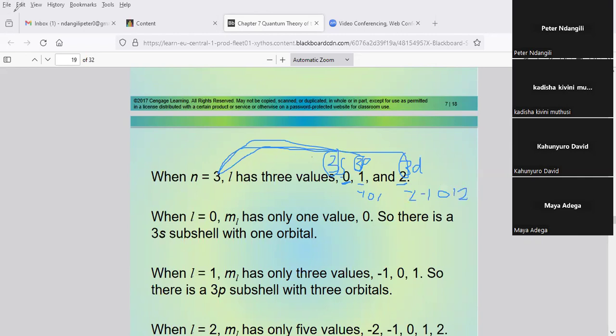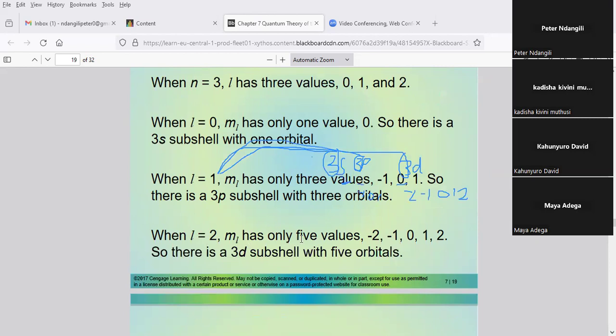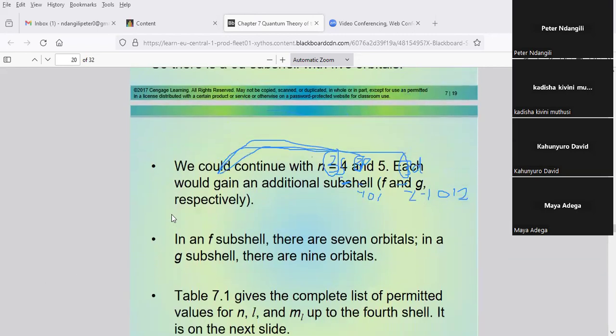And that is what we have explained here. So when we talk about a 3d, we are going to have 5 degenerate orbitals. These are the d orbitals, and I will be explaining. In fact, it is these d orbitals that make the third energy level have 18 electrons. The extra 10 electrons are coming from the 3d, and I will be explaining as we continue.